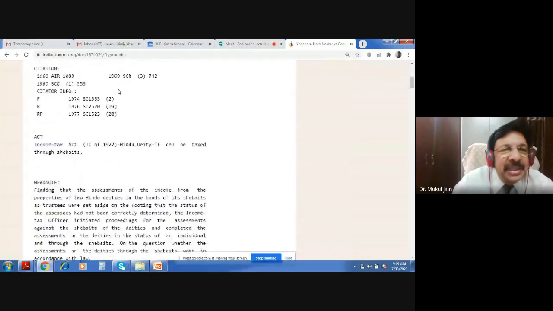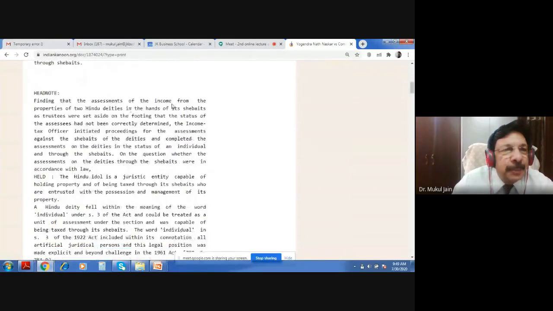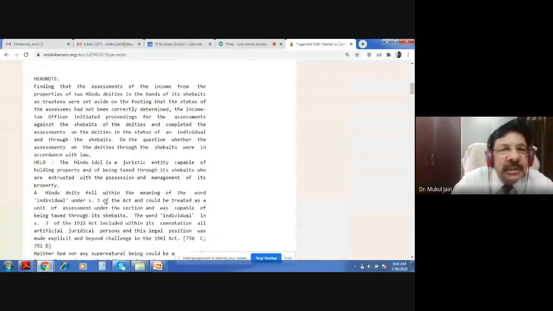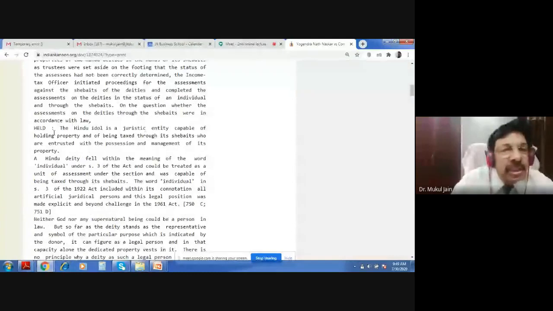They are saying, finding that the assessments of the income from the properties of two Hindu deities in the hands of its Shebaits as trustees were set aside on the footing that the status of the assessees had not been correctly determined. The income tax officer initiated proceedings for the assessment against the Shebaits of the deities and completed the assessment on the deities in the status of an individual and through the Shebaits, on the question whether the assessments on the Hindu idol is a juristic entity. This judgment came.